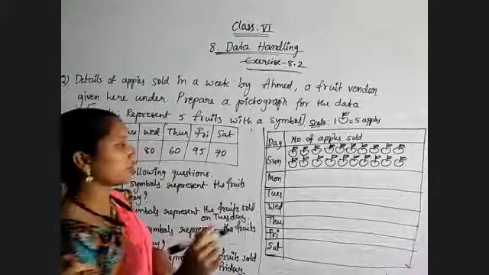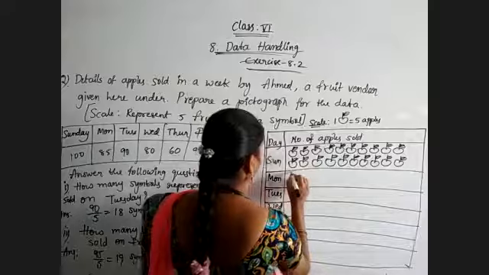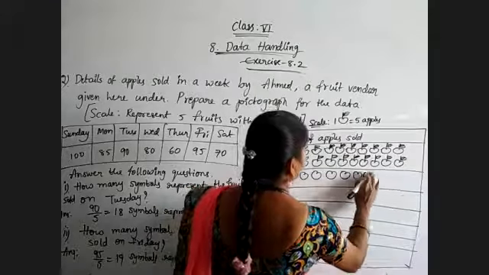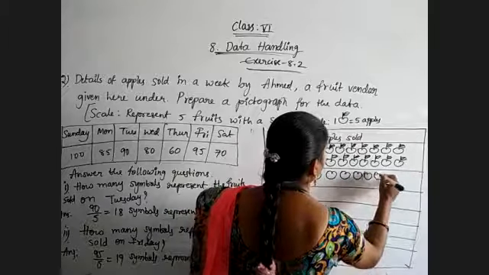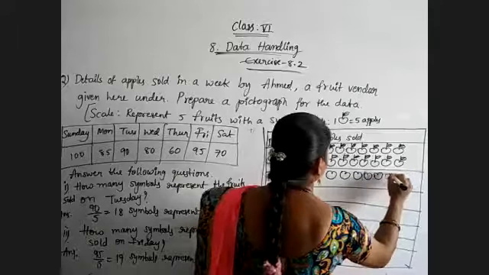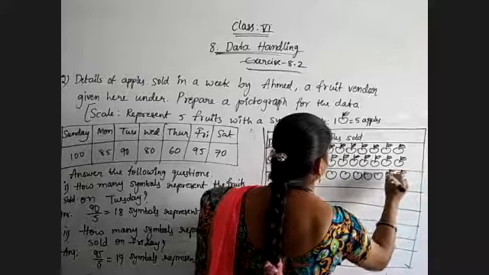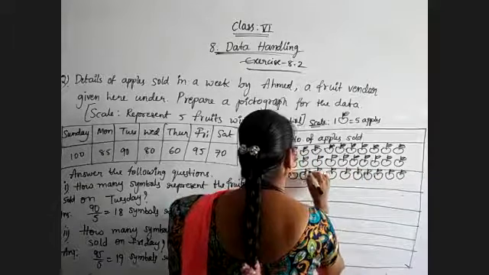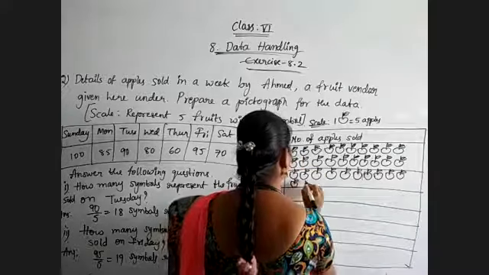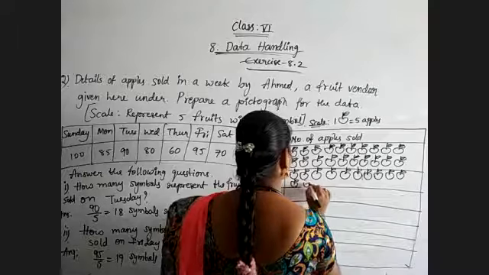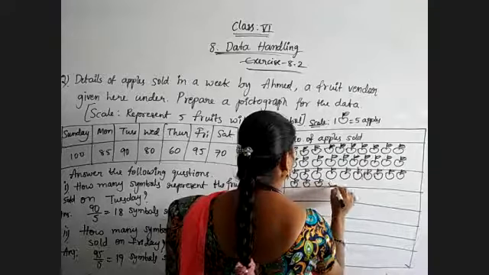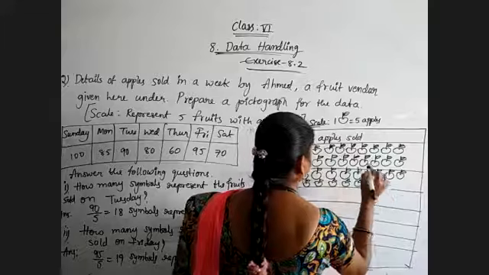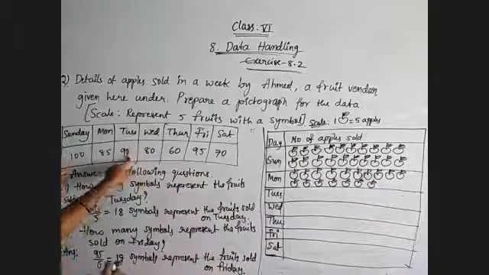So 17 symbols we have to represent. 17 fives are 85. 1, 2, 3, 4, 5, 6, 7, 8, 9, 10, 11, 12, 13, 14, 15, 16, 17.